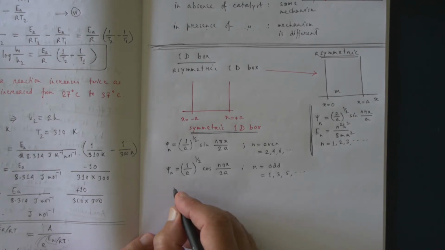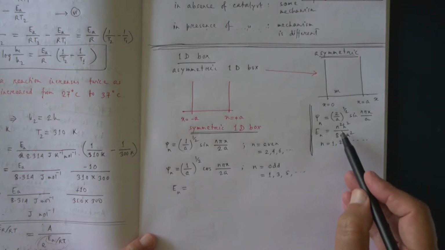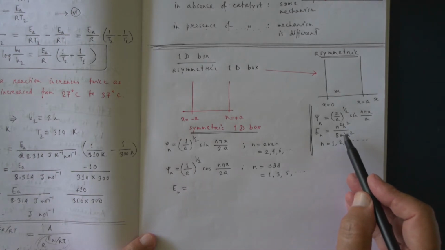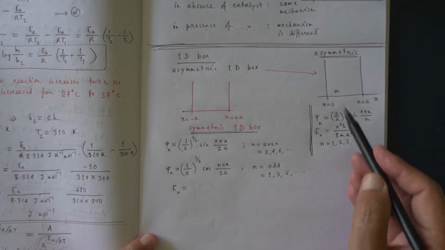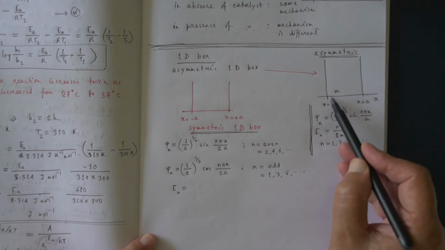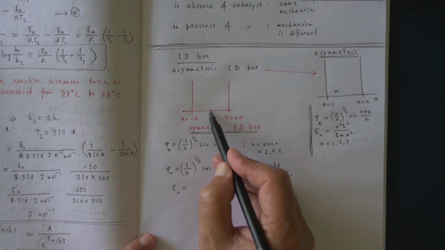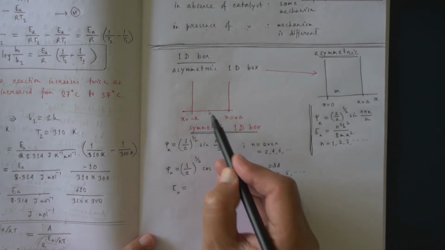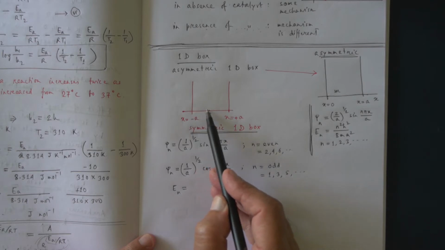And what about energy? For the asymmetric box, energy equals n square h square by 8 m a square, because the length of the box is a. But here 0 will be somewhere in the middle, so the length of the box is 2a.